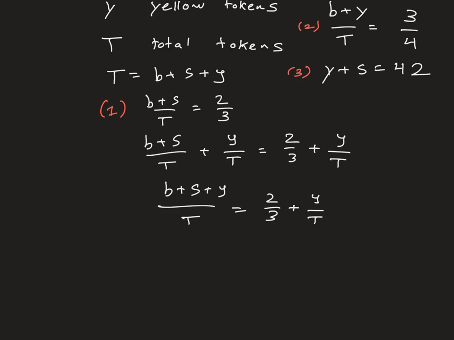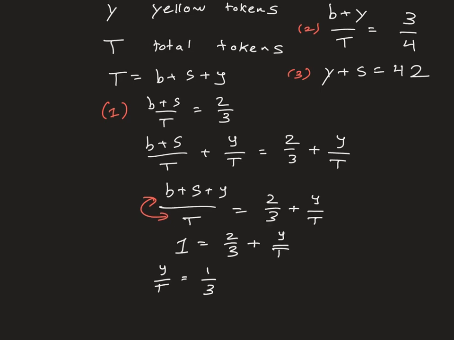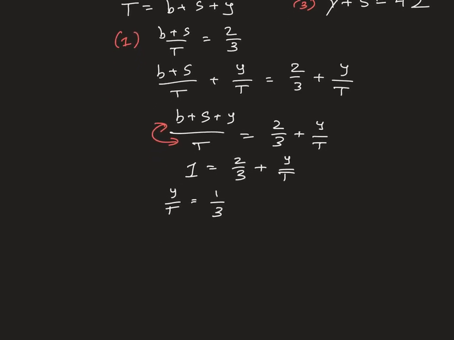And since B plus S plus Y is the same thing as T, we get 1 is equal to 2/3 plus Y over T, and that gives us Y over T equals 1/3. So we'll get back to that in a second.